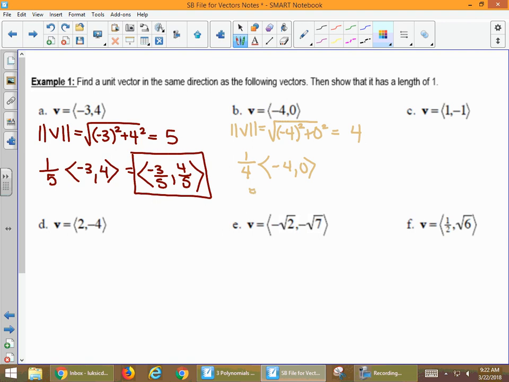So 1/4 times -4 is -1. 1/4 times 0 is 0. So we're preserving the direction. We still have the same direction angle. We're just shrinking that magnitude down to 1. Questions so far?